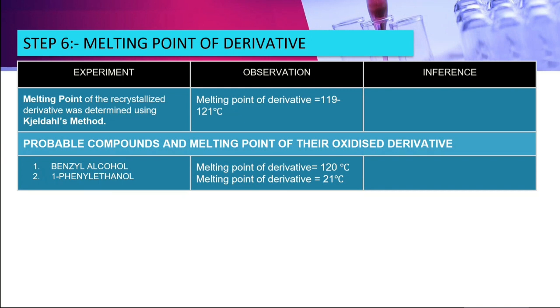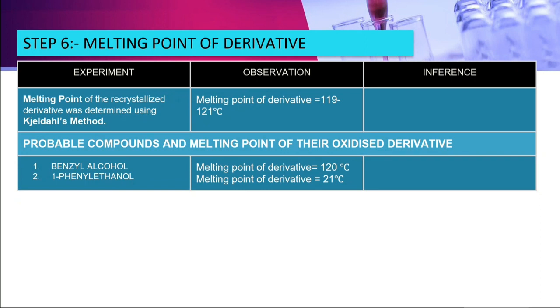Now, from the derivative and the melting point of the derivative, we again form a probable compound table where benzyl alcohol has a derivative melting point of 120 degrees Celsius, and 1-phenyl ethanol has a derivative melting point of 21 degrees Celsius.